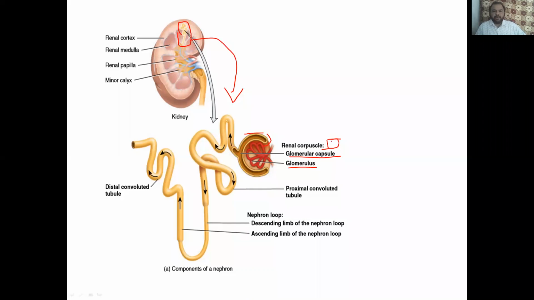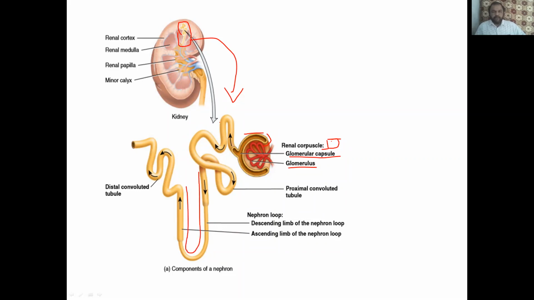Convoluted because it has so many turnings. Then it dips into the medulla, which we'll talk about. This U-shaped tube is called the loop of Henle.